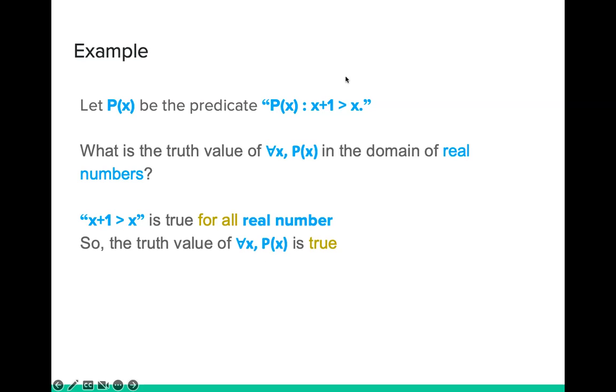We cannot find any real number that will make this false. Regardless of the value of x, whether it is positive, negative, or 0, x plus 1 will always be greater than x.